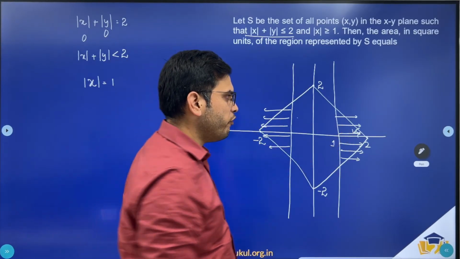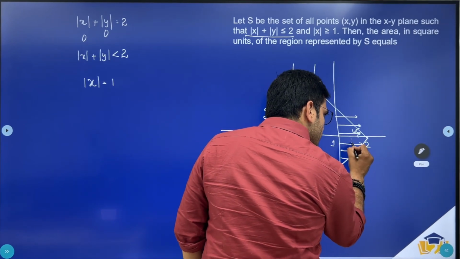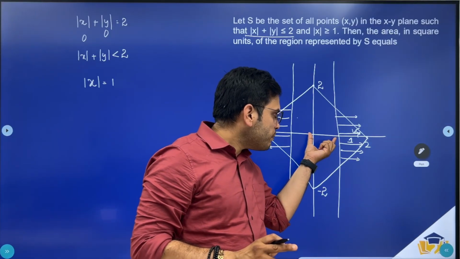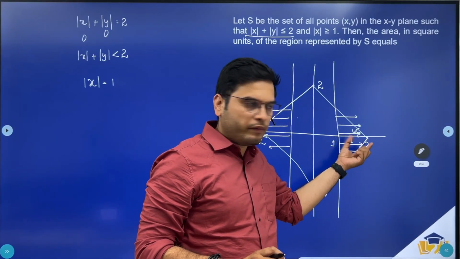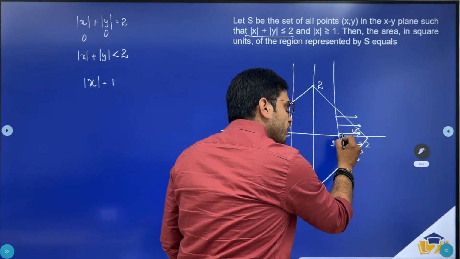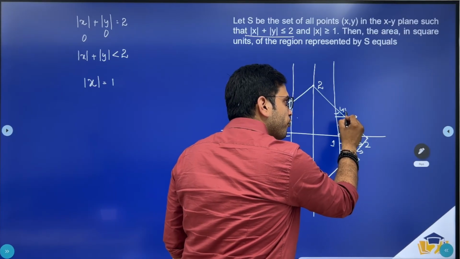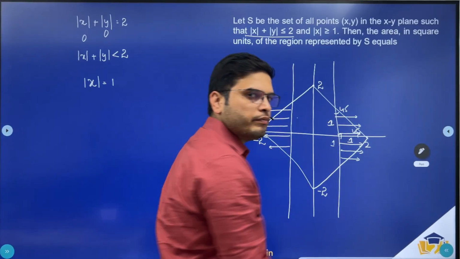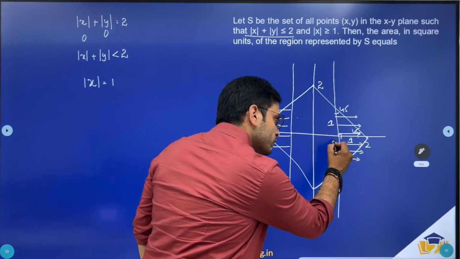Now this is 45, right? And this length will be 1 because this entire distance is 2, this part is 1, so this part will be 1, right? Now if this is 45, this is 90 degrees, this will also be 45, right? Now if this is 1, this will also be 1.